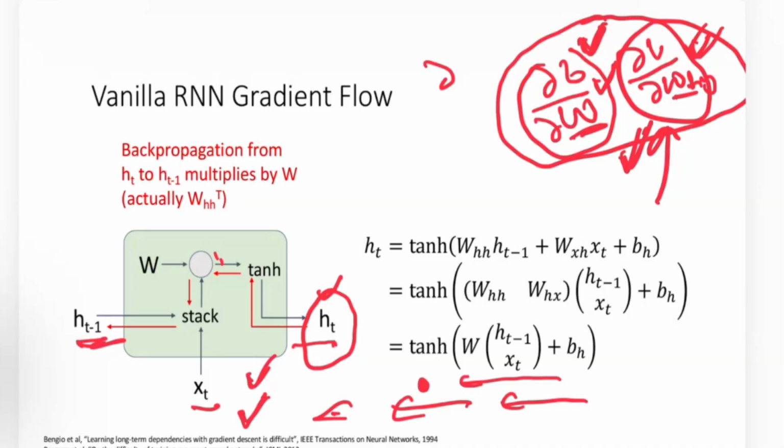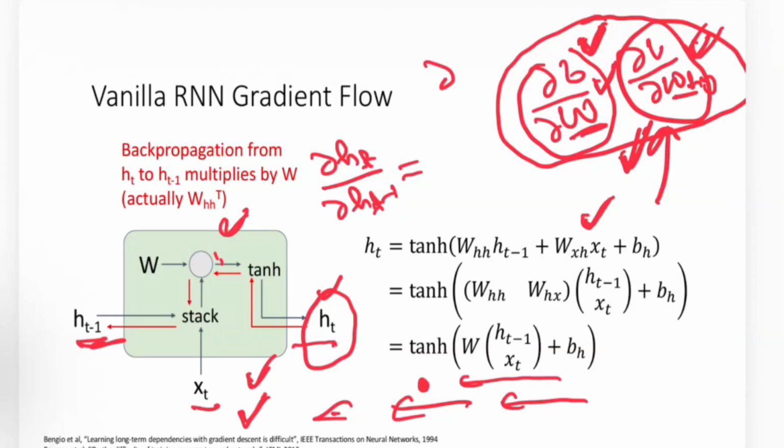That's like applying the chain rule. So suppose this is the local gradient. If I want to find the local gradient del s_t by del s_(t-1), what would be the output? Just see this. This is the equation, and I want to find del s_t by del s_(t-1).